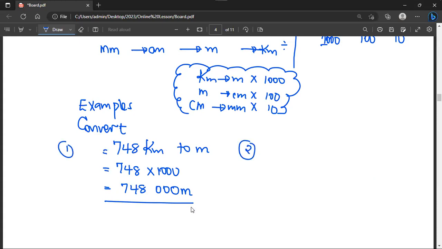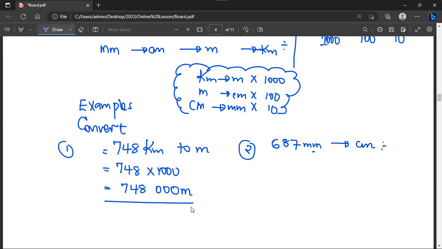Example 2, you might be asked to change 687 millimeters to centimeters. Take note, the millimeter is from right to left, so you need to divide.